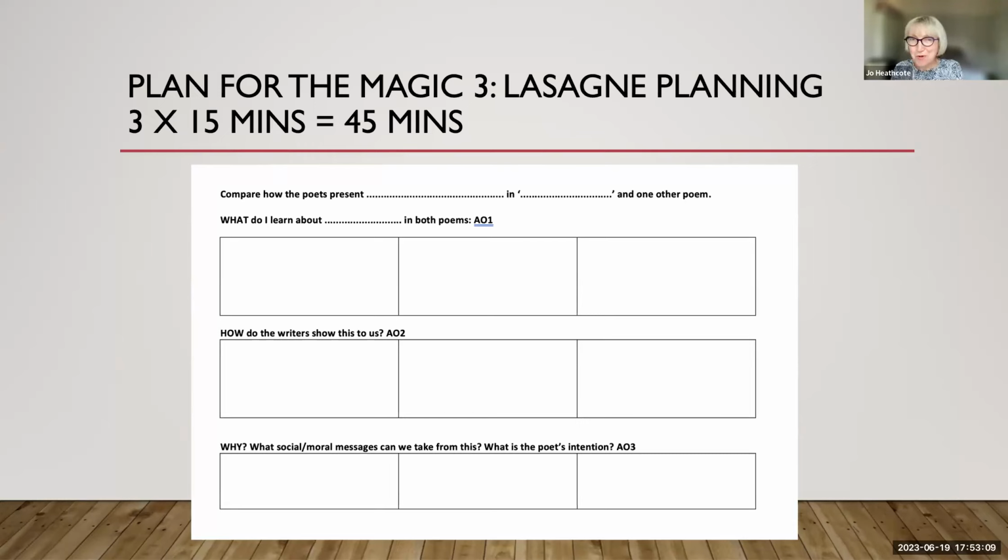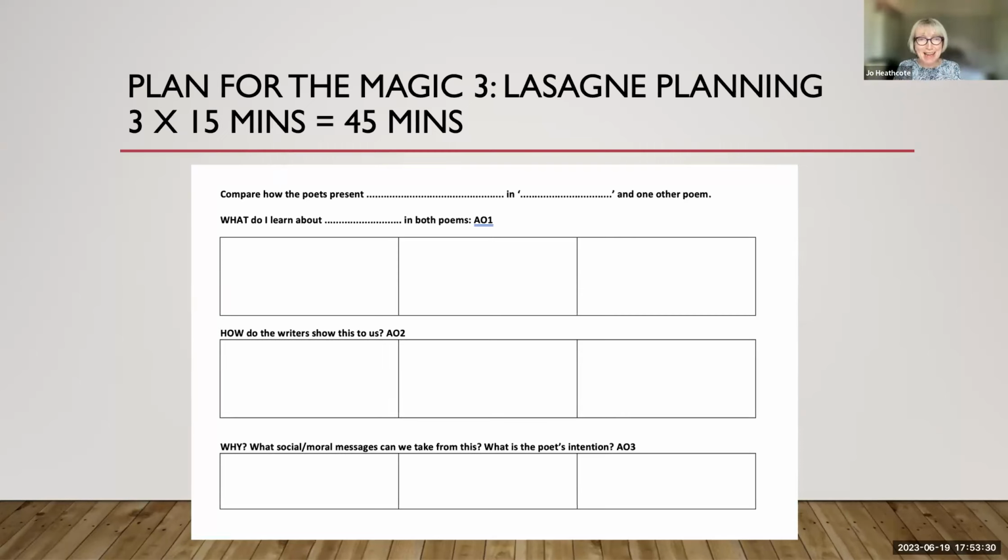So what do I learn about that focus is my AO1 layer. That's like all my pasta. Then I've got how do the writers show us? That's my bolognese sauce in the middle. And then remember, I have only got 6 marks for context, so I don't want to overdo that. Don't want too much cheese on there. All right, so that goes on the top for AO3.